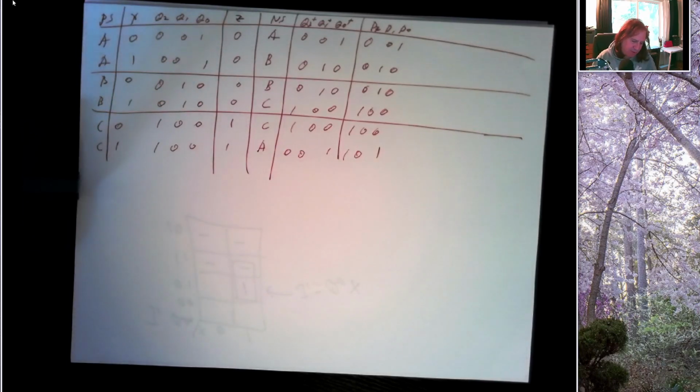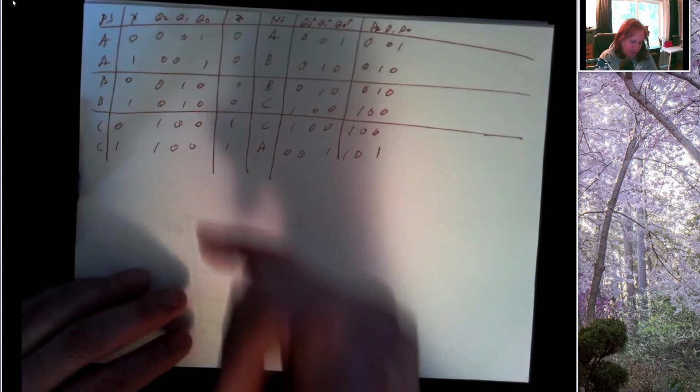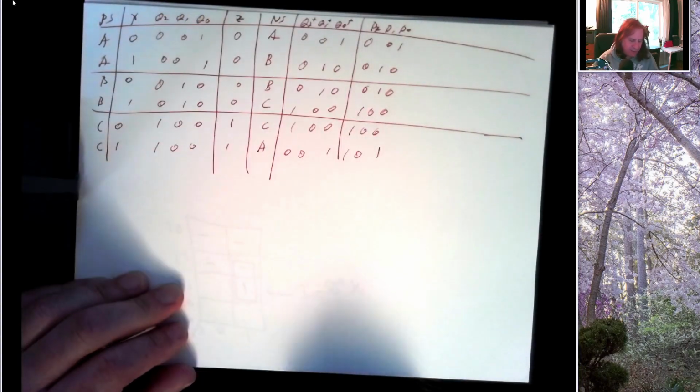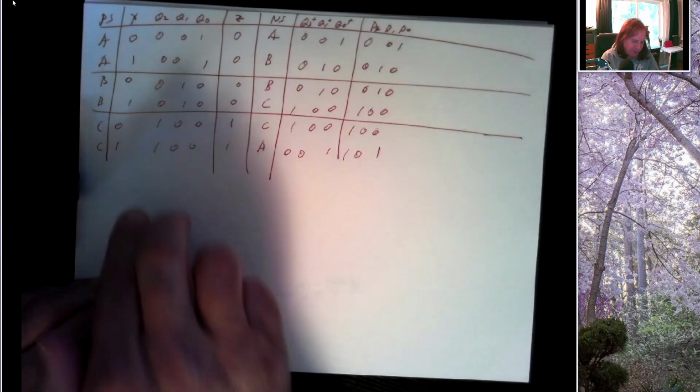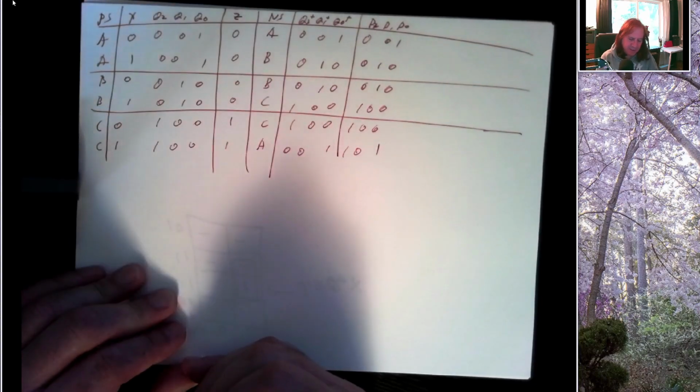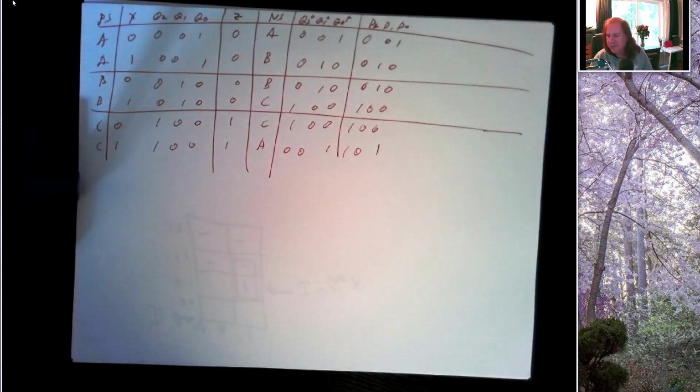All right, so it would take more circuitry, more hardware, but there's going to be a lot of don't cares. Right, so we should list out all the possible combinations of Q0, Q1, Q2, and Z, and we've only listed 6 out of 16. But for all those other situations, we could make these D inputs don't cares.